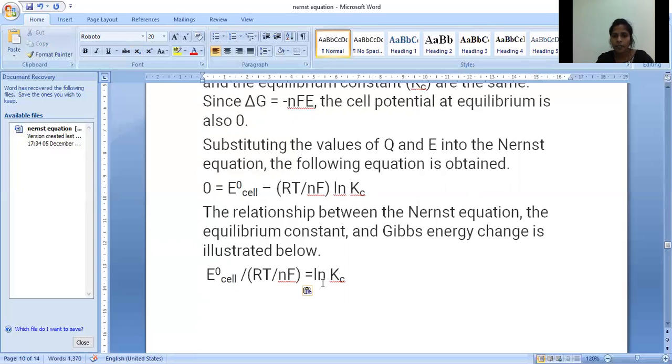So we will get ln K is equal to E naught cell divided by RT by NF. Yes, so that means we can write NF E naught cell divided by RT is equal to ln K. Yes, so this is the formula to find the equilibrium constant value. So finally we will get ln K is equal to NF E naught cell divided by RT. Yes, so this is the derivation of equilibrium constant by using the Nernst equation.